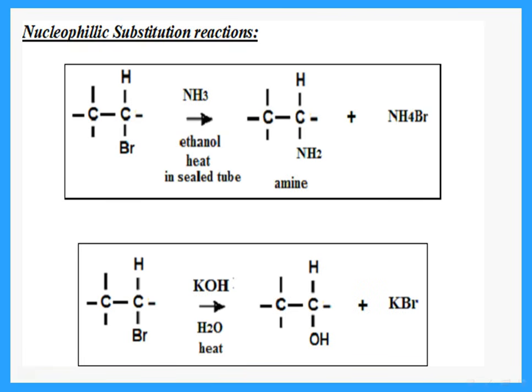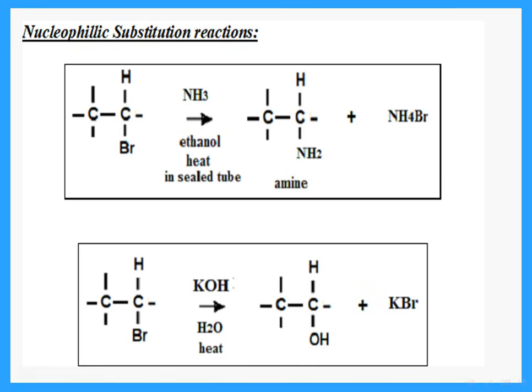Okay, now nucleophilic substitution reactions. We said substitution reactions means something attacks and replaces what is in the molecule. Nucleophilic means we are reacting with something that has extra electrons or a negative charge. So ammonia, for example, has a nitrogen with a lone pair of electrons.